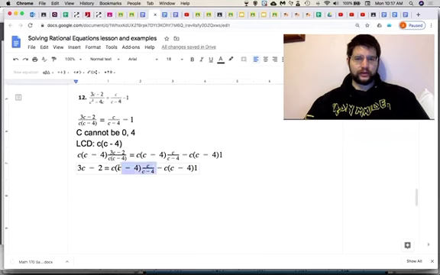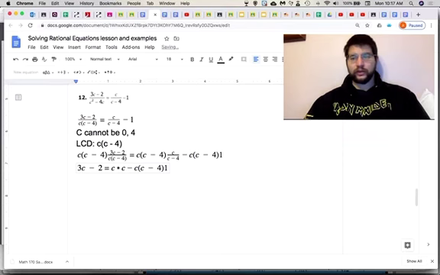This right here cancels. I didn't grab the parentheses that time, dang it. That c minus 4 in the numerator cancels this c minus 4 in the denominator. Now with c times c, which of course I'm going to rewrite as c squared.